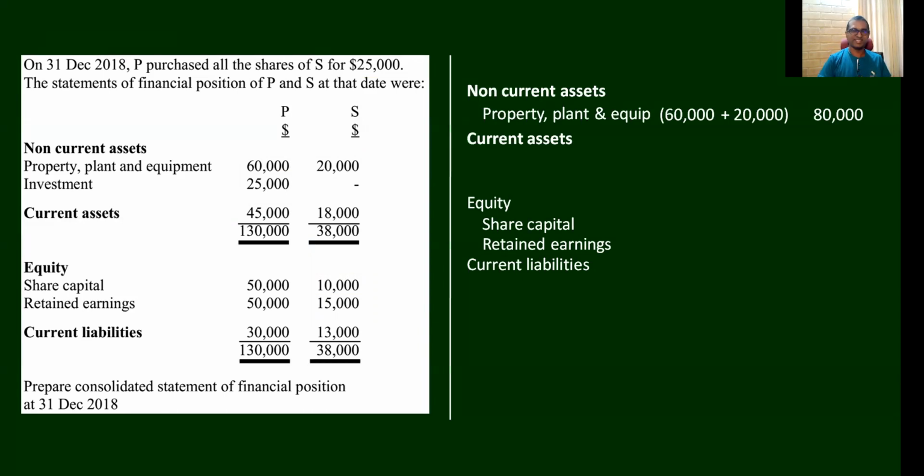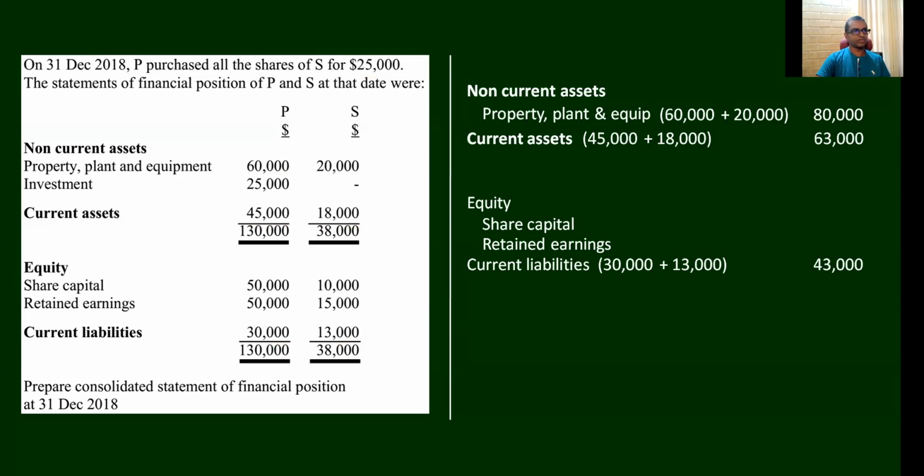Very simple, right? Then current assets: 45,000 for P and 18,000 for S, total 63,000. If you move on to current liabilities, it's 30,000 and 13,000, total of 43,000.